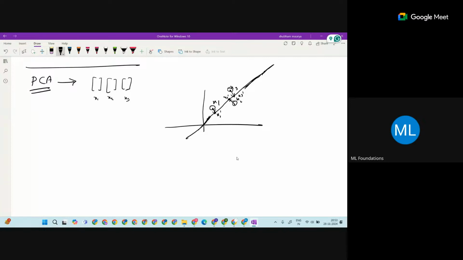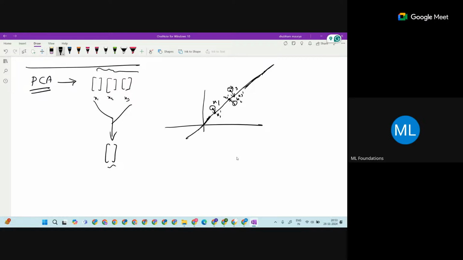These three were actually independent, but I am converting all three data into one dimension. Previously it was three dimensional, but now it is one dimensional. When I convert it, I will surely get some error. That's fine.